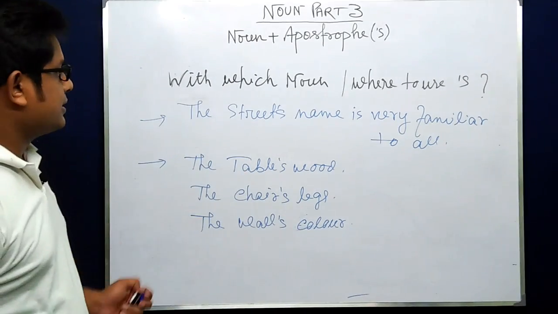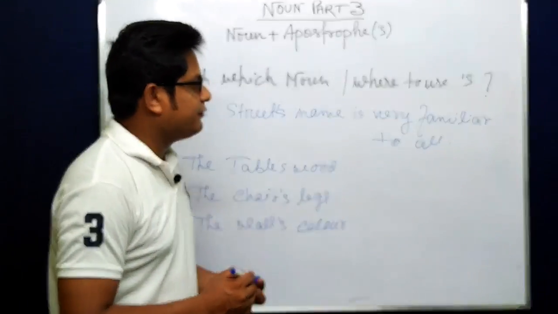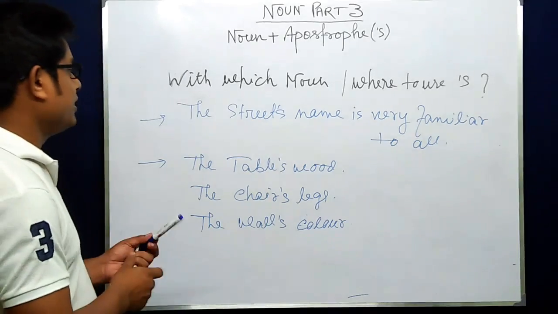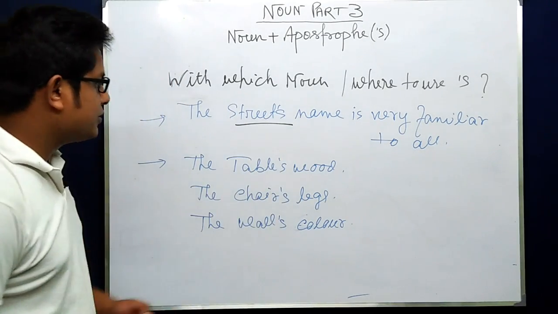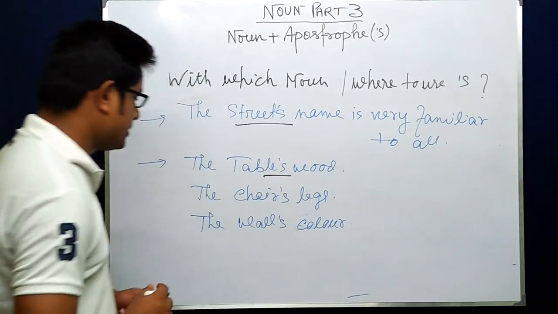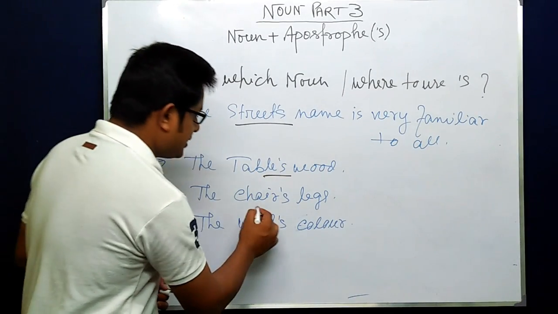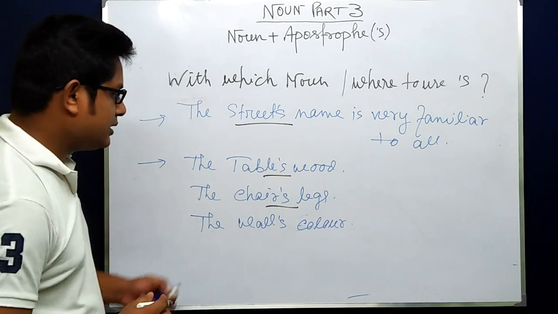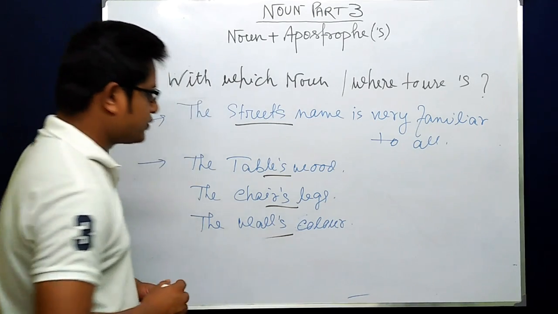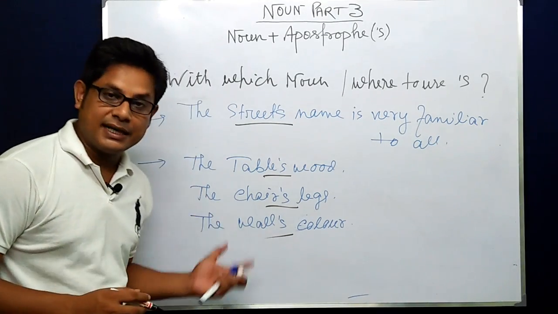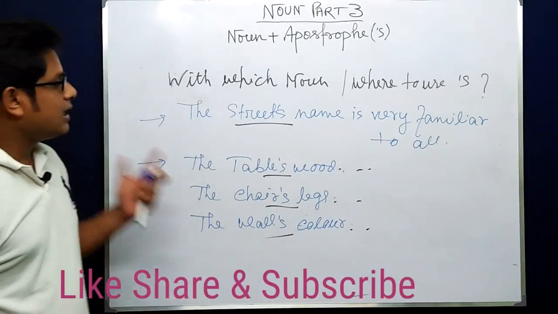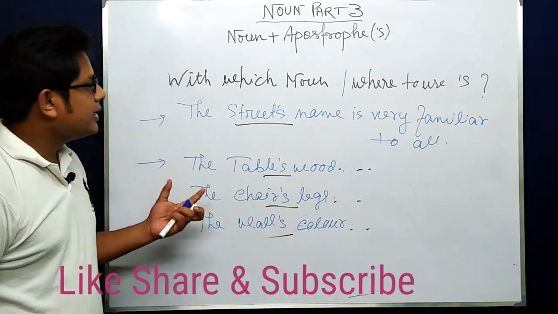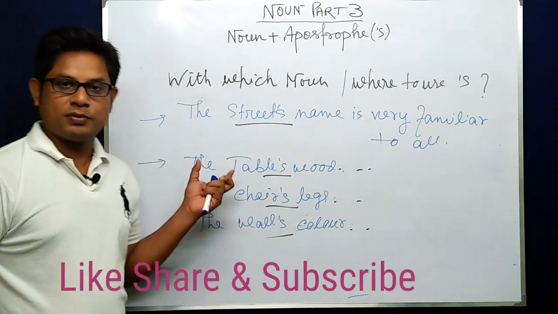Right. So now look at this. The street's name is very familiar to all. So over here I have used street apostrophe s. The table's wood, table apostrophe s. The chair's legs, chair apostrophe s. The wall's color, wall apostrophe s. Now look at these sentences. Look at these parts and now tell me whether you can use these apostrophe s in a proper form.